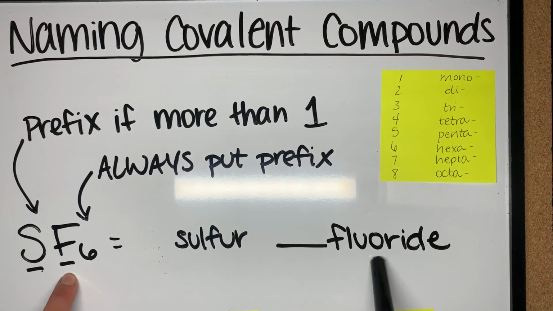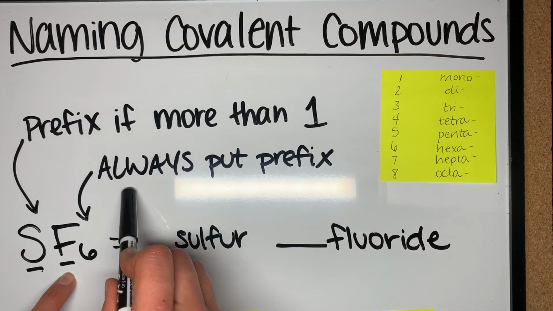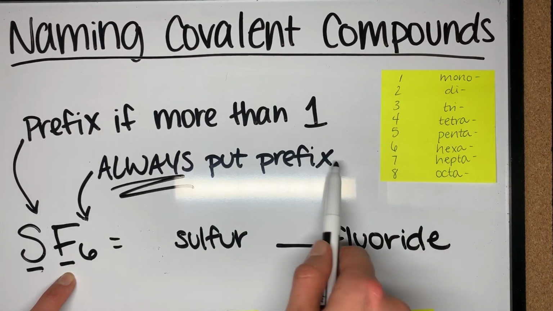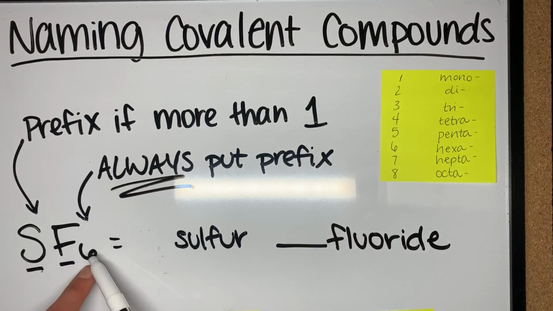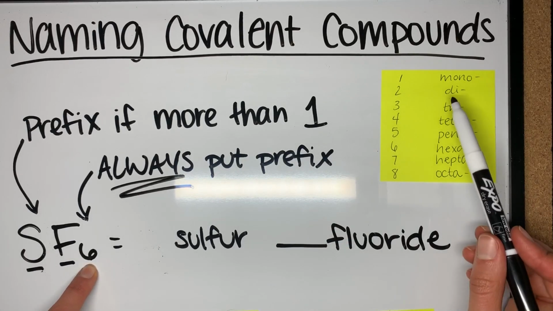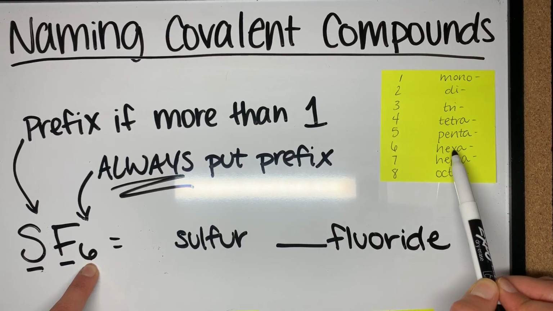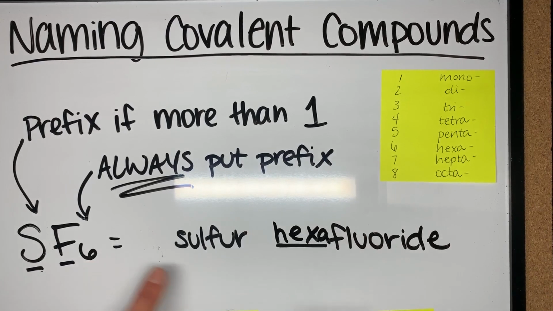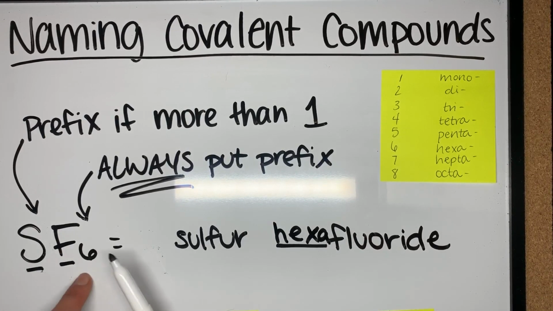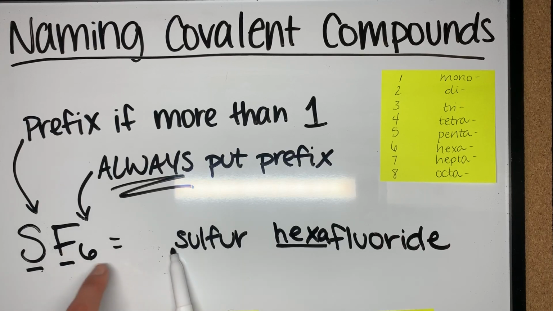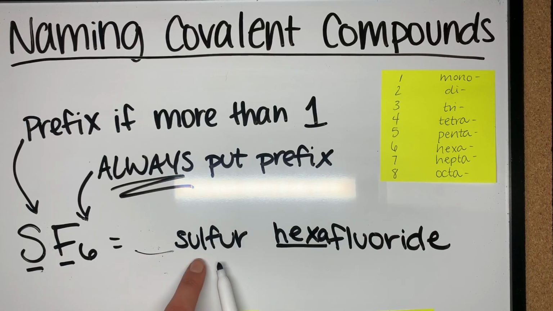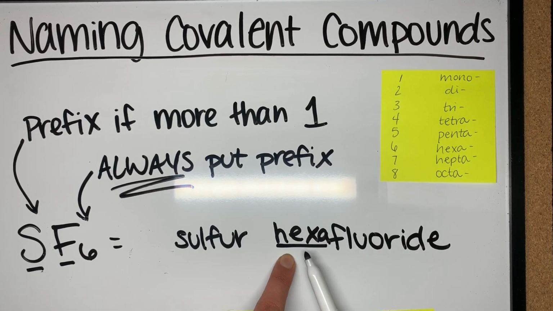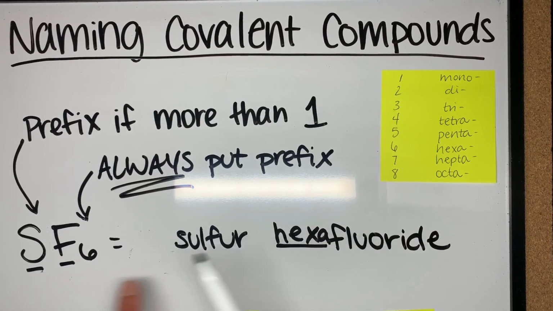Then, for the second part of my name, you always put a prefix. So in this case, we have 6 fluorines. So we look at our table here, we see that 6 is hexa. So we put the prefix hexa in front of the fluoride. So this becomes sulfur hexafluoride. Again, no prefix is telling me that I have 1 single sulfur. Hexafluoride means there's 6 fluorines attached.